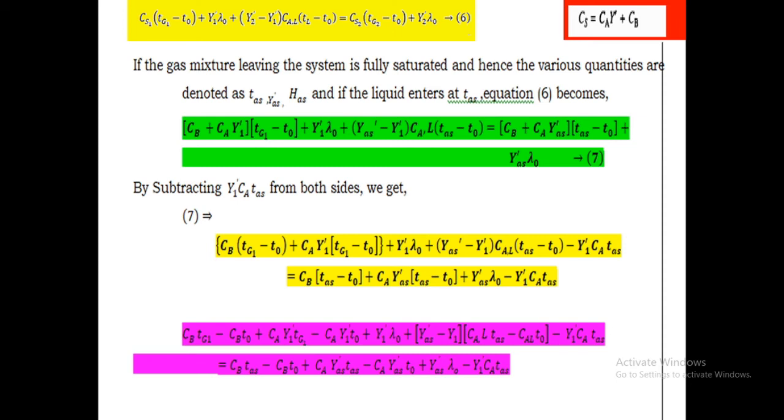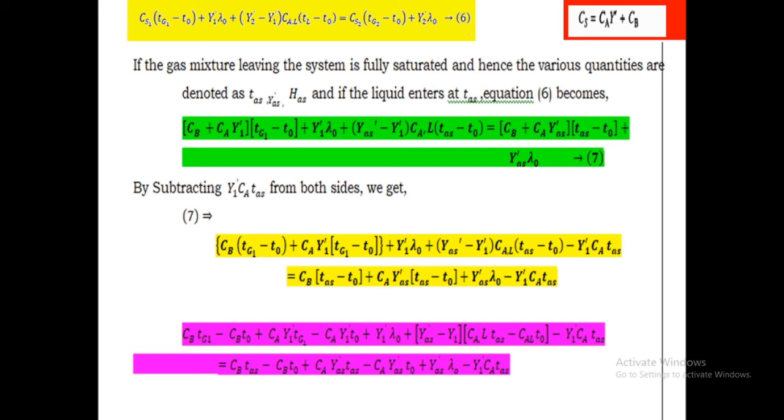CAL, no change, the specific heat. What do you do here? Already I said the liquid enters at TAS. So instead of TL we have to use here TAS minus T0. So this is the liquid entering the adiabatic chamber expression, which is equal to the gas leaving from the adiabatic chamber, so this is fully saturated.